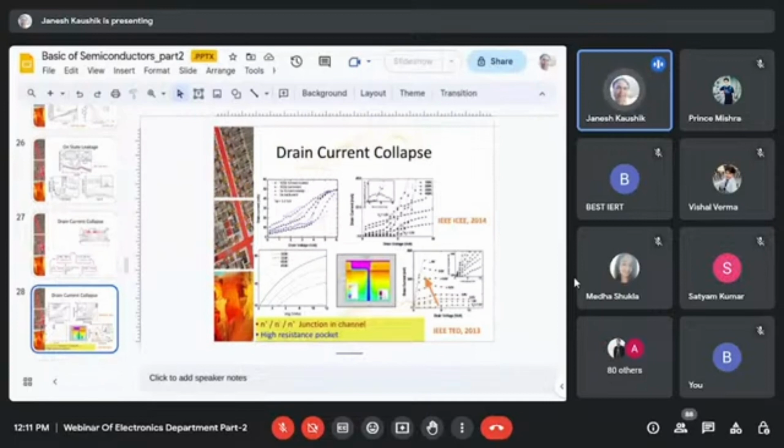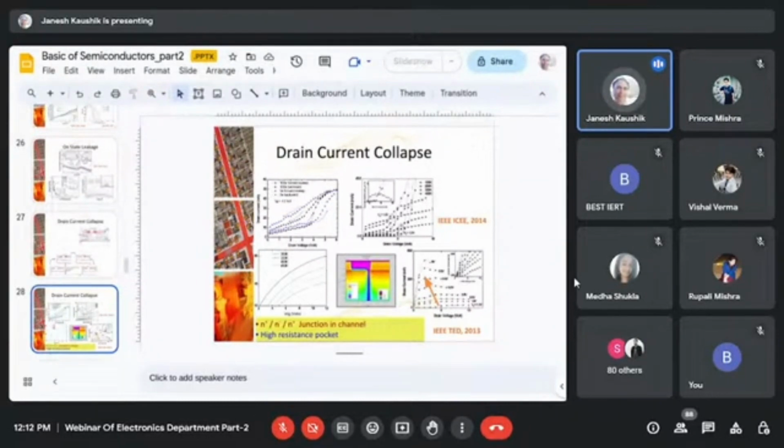So this was the phenomenon that was explained in 2013, that current collapse or this kink moves to the left side due to the self-heating effect, and the formation of the virtual gate was modeled with the increase in drain voltages, and the electric field due to these drain voltages increases the virtual gate at the top AlGaN surface. That forms a channel.